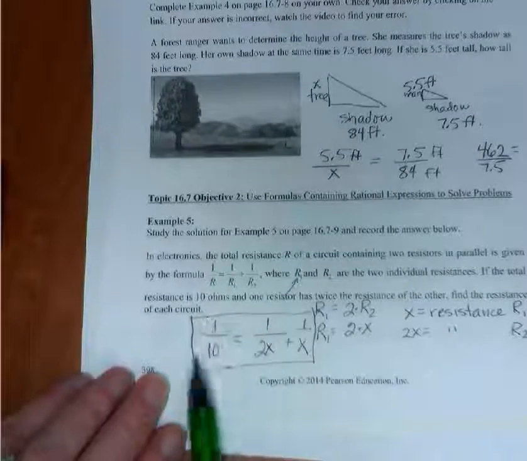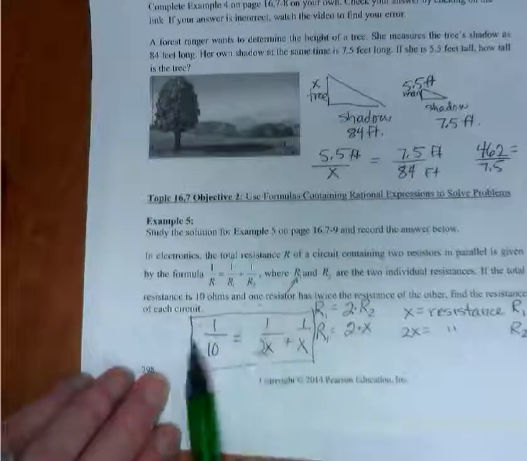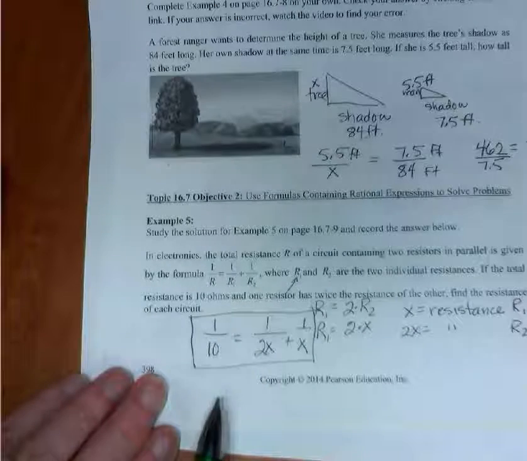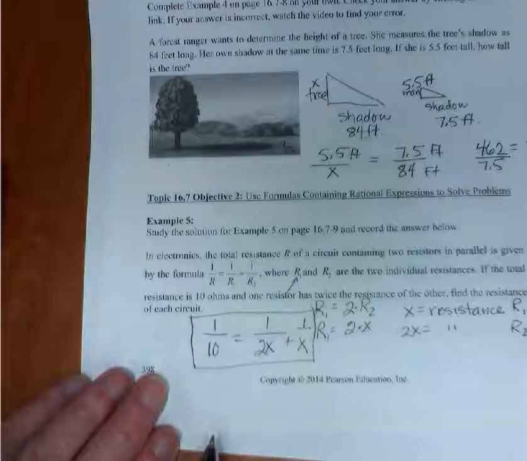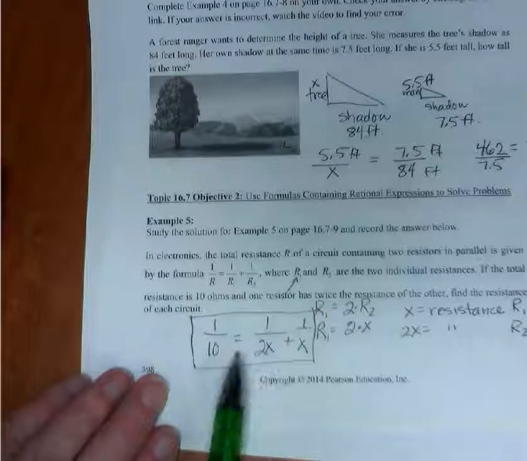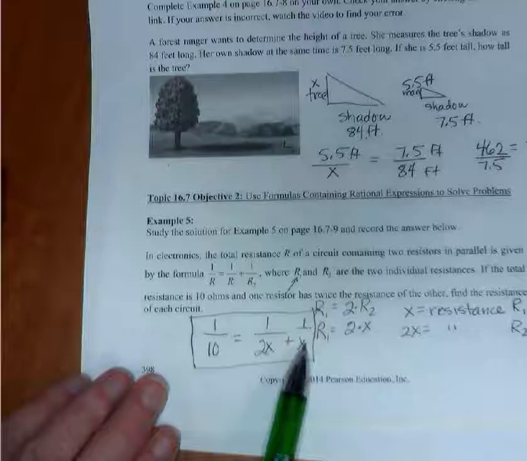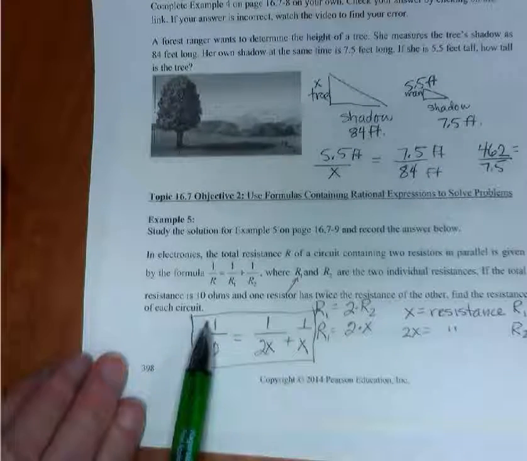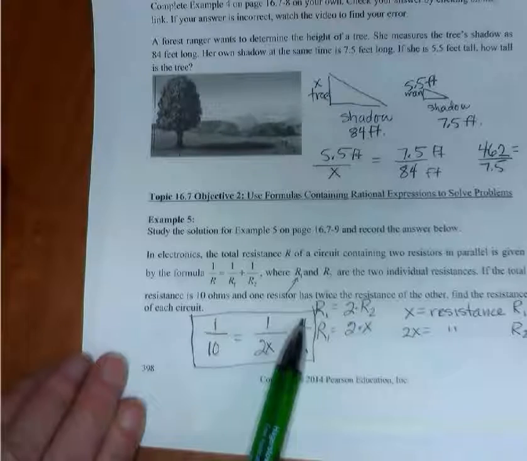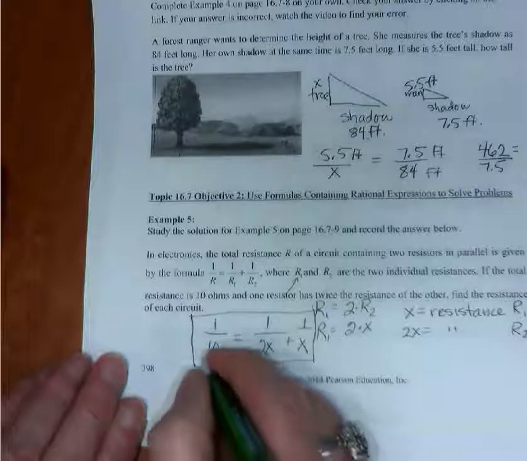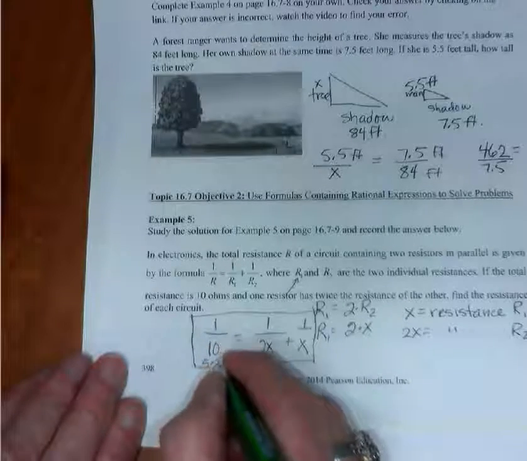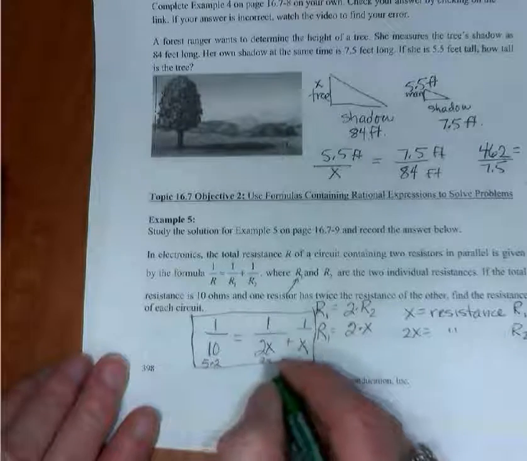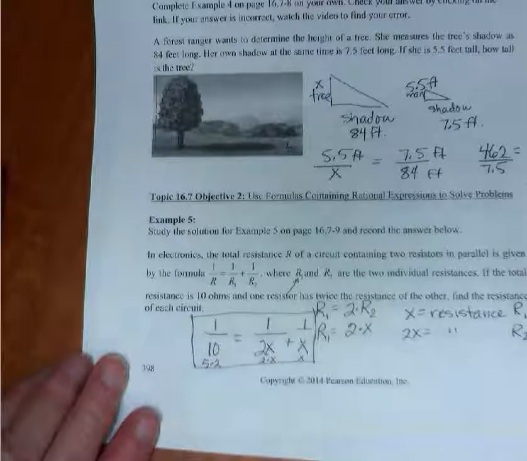To solve this, we can't do any cross multiplying because it's not a proportion. So now we have to use the concept of multiplying everything by the LCD. So 10 factors to 5 times 2, and these two denominators can't really be factored.